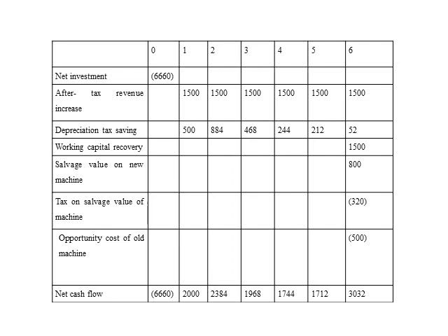Tax on salvage value of the machine is 320, which is 40% times the $800. Opportunity cost of the old machine, which means the value you are going to lose by getting rid of the old machine, is $500. The net cash flow for each year, from year 0 to year 6, is in front of you in the last row.